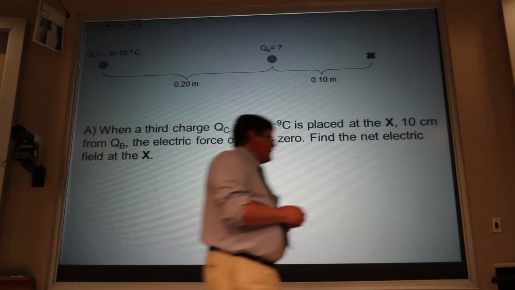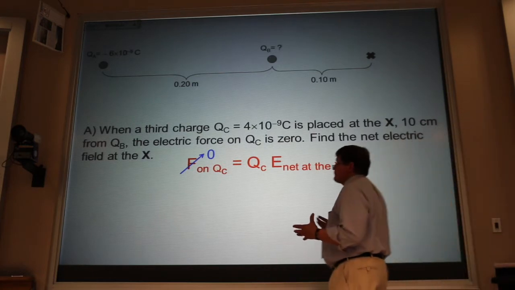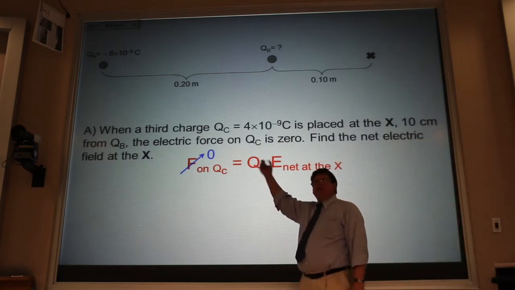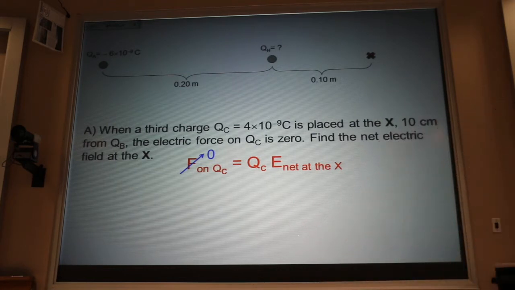Well, what does that tell me about the electric field? Well, if the force is just the field times the test charge, and I'm told that the force is 0, this question is really, what do I have to multiply by 4 to get 0? You can do that, okay? It's got to be 0.